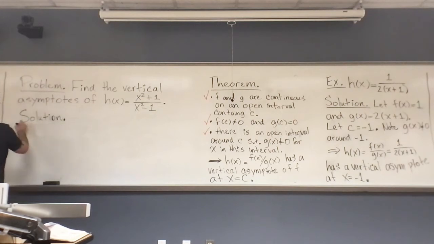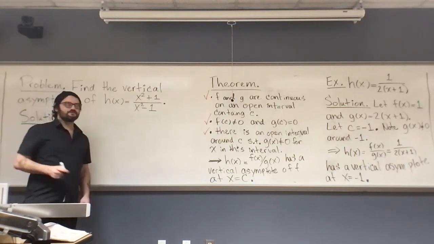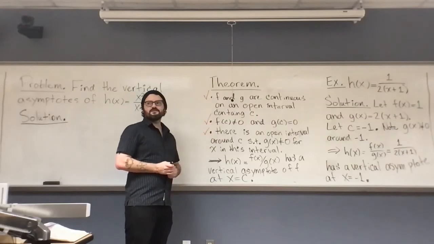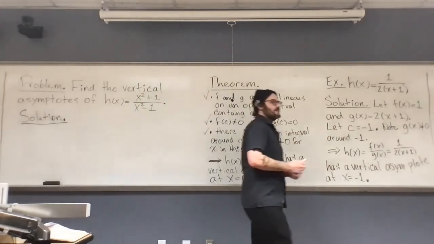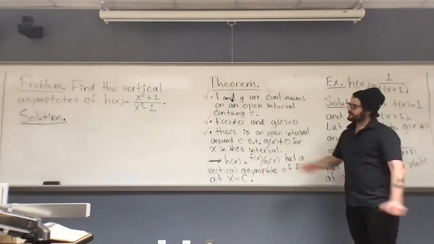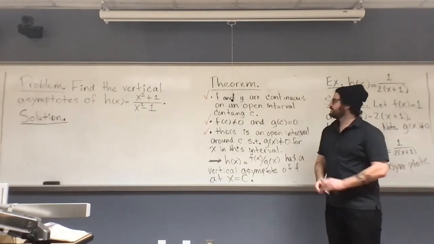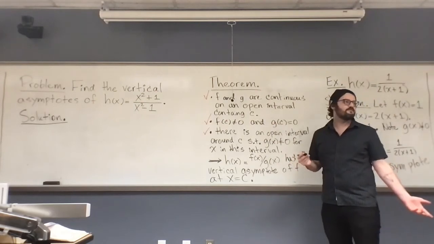Basically, to apply the theorem, all we need to do is start checking off these bits of the hypothesis of the statement, right? There are 3 parts to it. Part 1: define f and g and your possible c's.